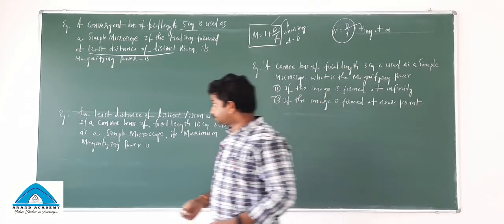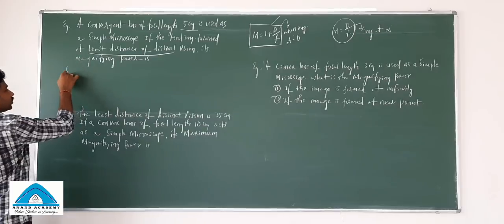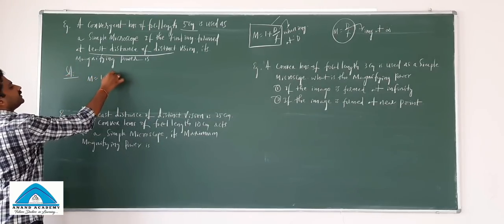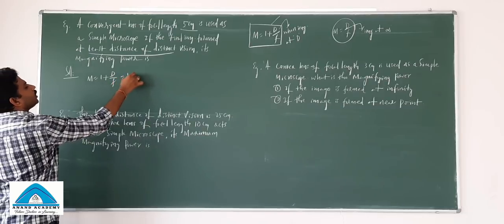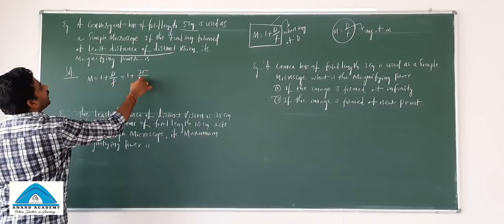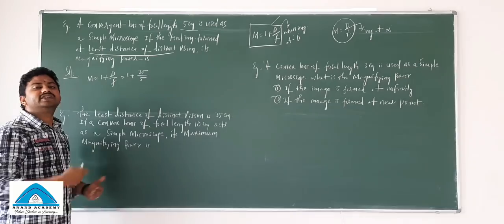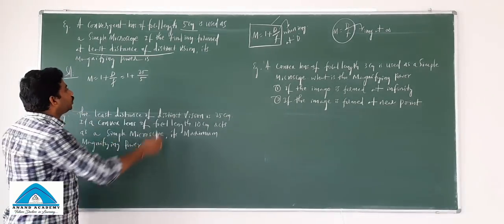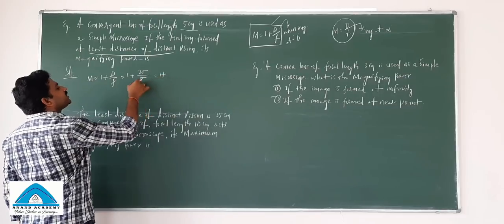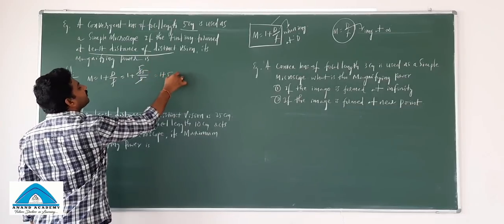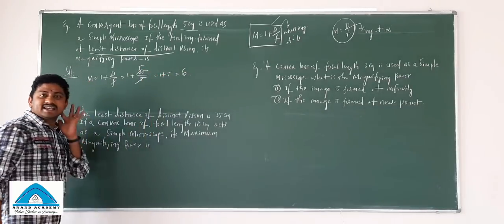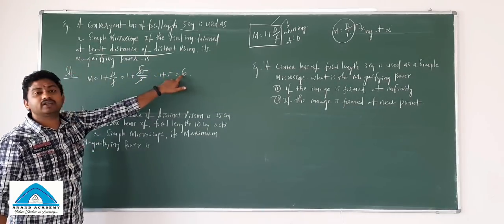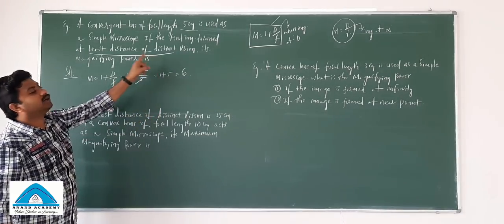Now, the solution: magnifying power is 1 plus D by F, 1 plus 25 by 5. Sometimes the D value 25 centimeters they give, sometimes they won't. So 1 plus 5 is equal to 6. 6 is the angular magnification or magnifying power when the image is formed at D.